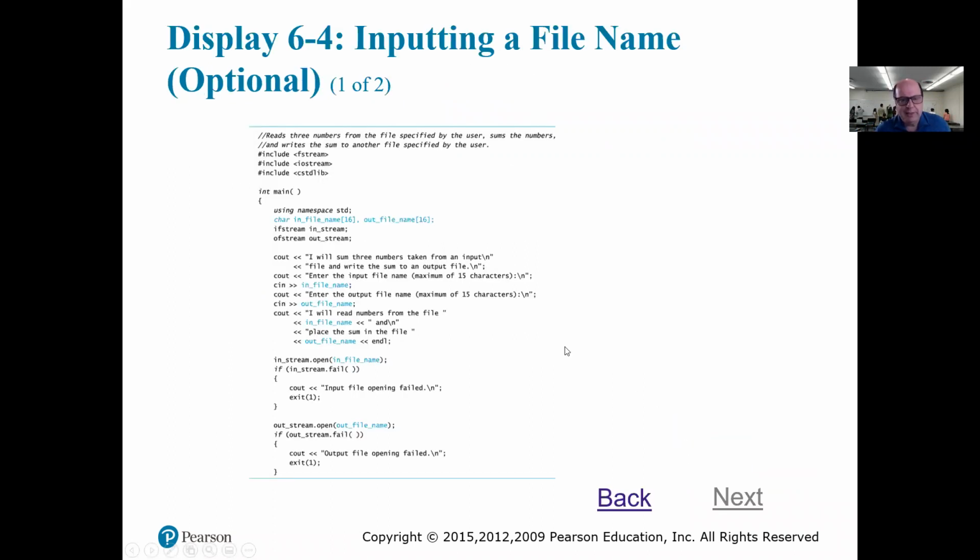Okie doke. So that's the way this Display 6.4 is going to show. We are creating our file names like this. We're going to ask for the input file. We're going to ask for the output file. And then we're going to use those names to open our ifstream and ofstream objects.